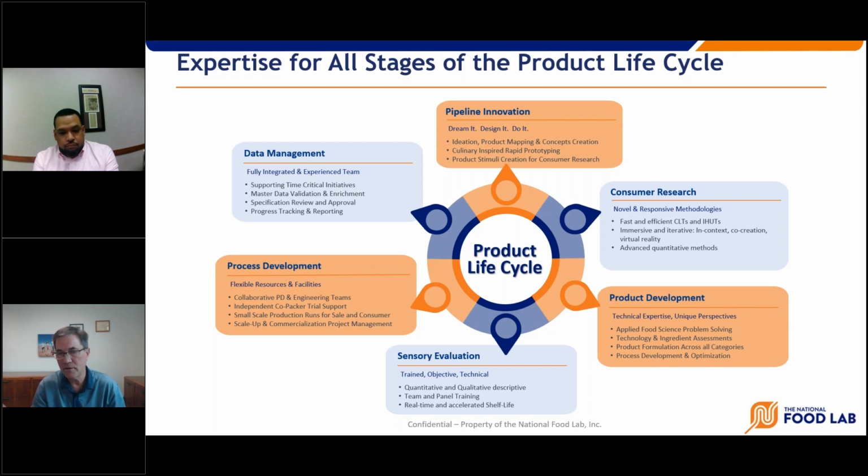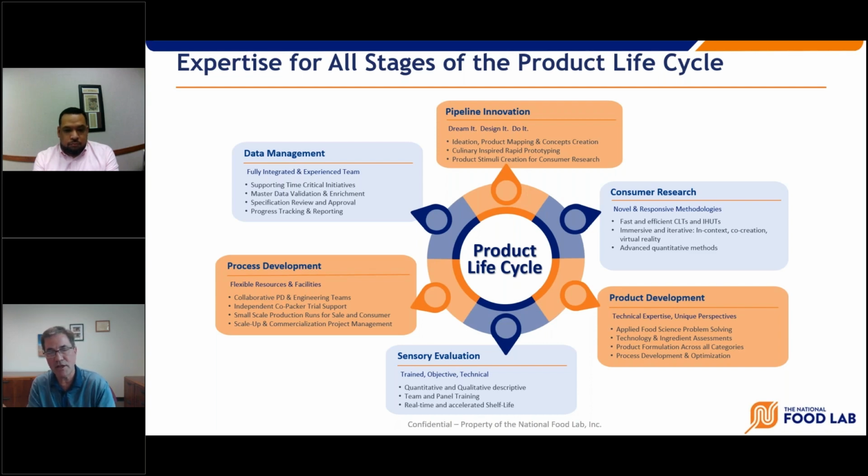Then we move into product development, a good range of technical expertise all across applied food science, a lot of problem solving, a lot of how do I fix this? How can I use these ingredients? What are new ways to approach our problem? And then, of course, product development and optimization is part of that in our pilot plant.